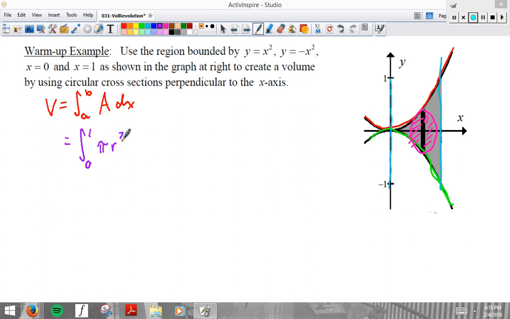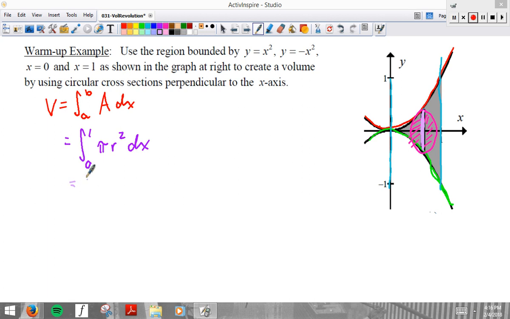Like the prelude said, we're using pi r squared. So the real question becomes, what is the radius of a circle like this? Well, the radius, you could do one way or the other. So this is a diameter. That would be the diameter of the circle.